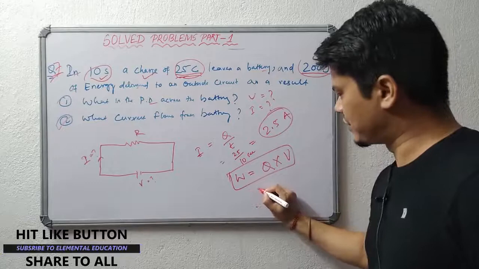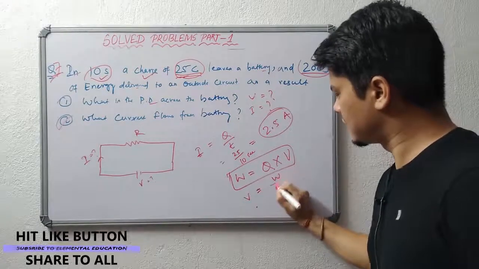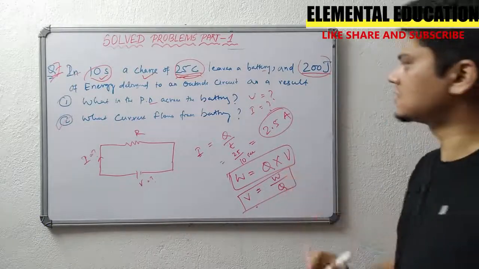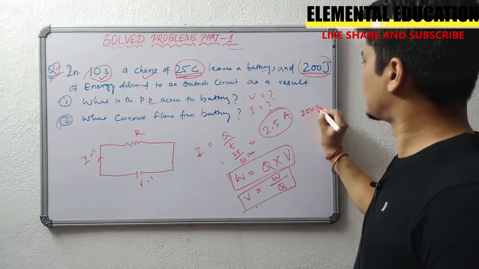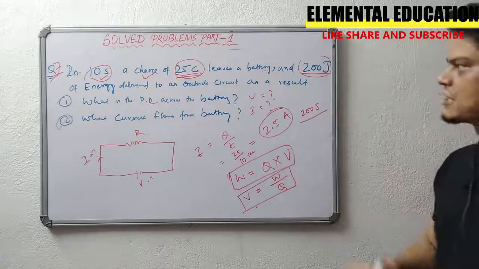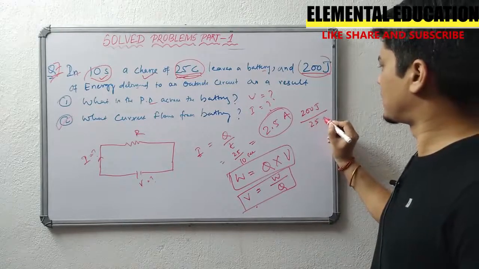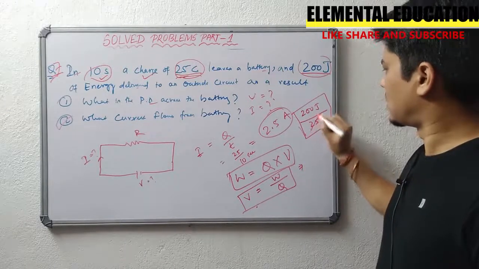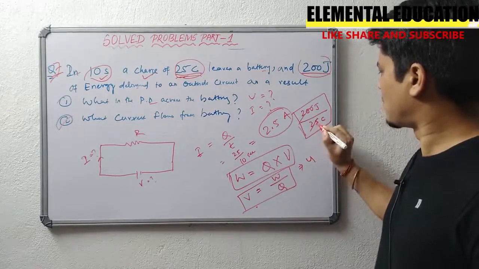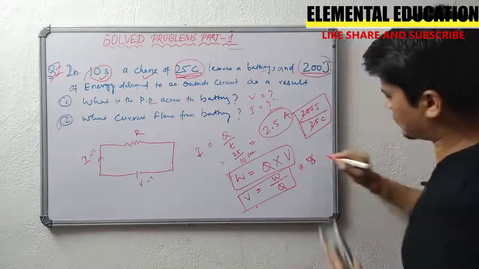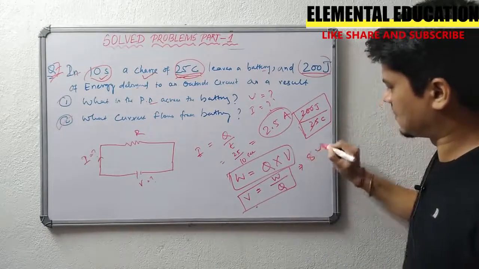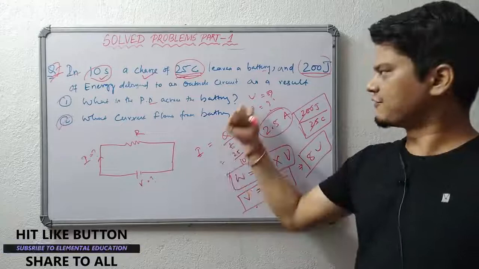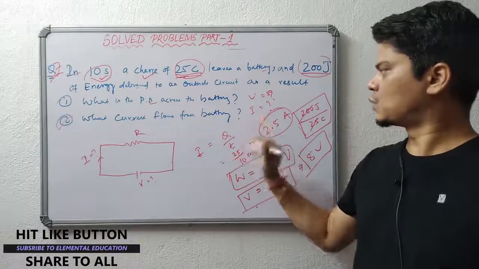So W equal to Q into V, so V equal to W by Q. Now what is the work done here? 200 joule. What is the Q here? 25 coulomb. So V is 8 volt. What is the potential difference here? 8 volt. And what is the current? 2.5 ampere.